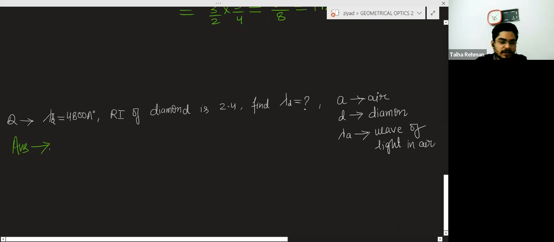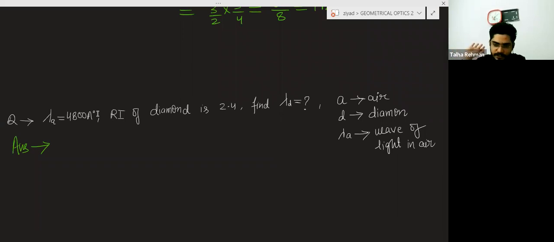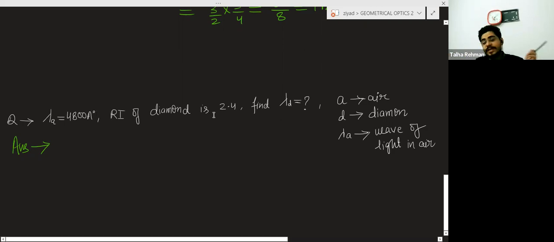It is given that wavelength of light in air is 4800 angstrom. 1 angstrom is equal to 10 to the power minus 10 meter. Here refractive index of diamond is given.